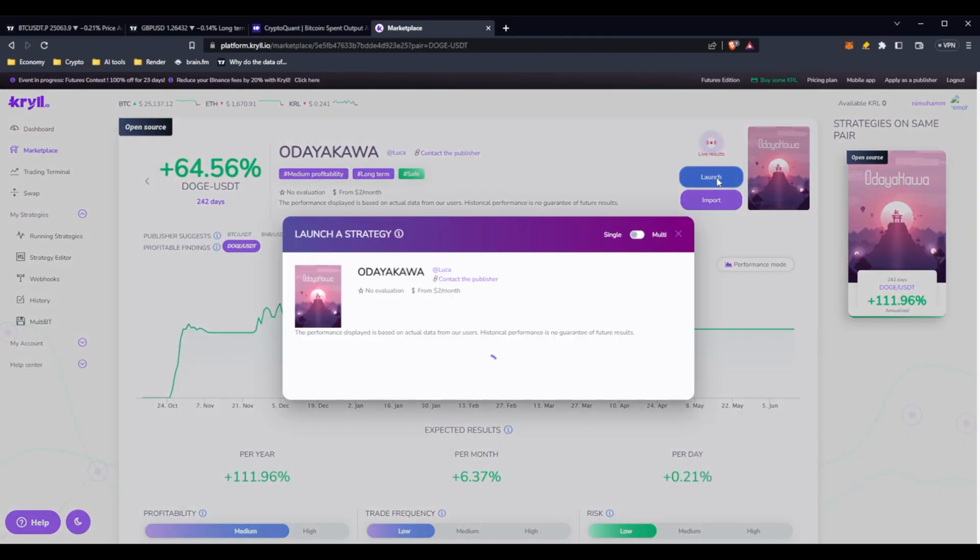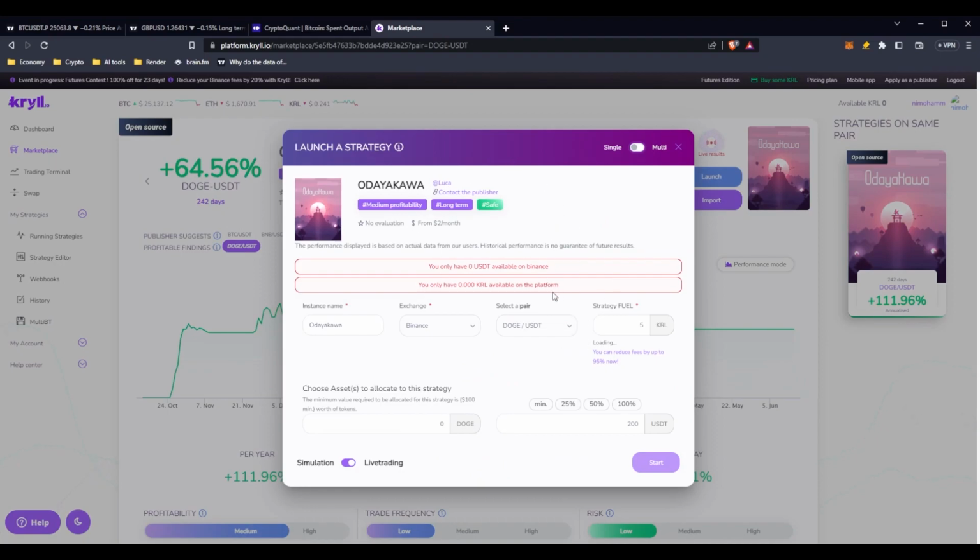In case you want to launch it, you first have to connect your account, whether it's Binance, Binance US, Bybit, Coinbase, Crypto.com, Kraken, or KuCoin. You can choose how much USDT you want to use, and it shows the asset to allocate to the strategy, the minimum value. For example, when you want to open a trade, you also have to pay Kryll as strategy fuel.